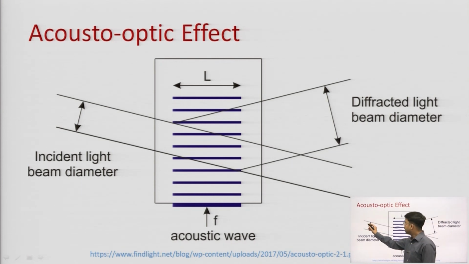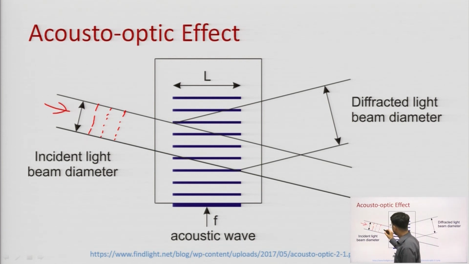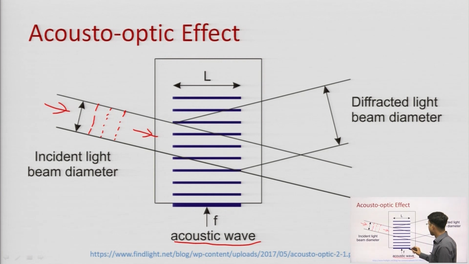So, this is an incident light beam, an incident parallel optical wavefront coming in this direction through this material, and over here there is an acoustic wave applied on this material from here.